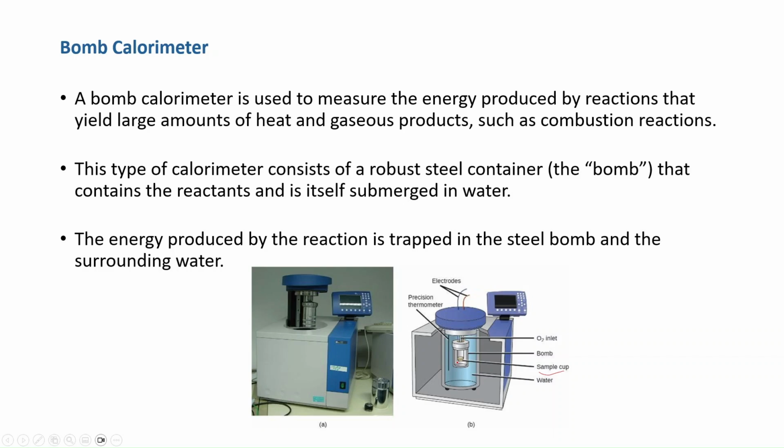You have some electrodes, and you combust the sample by adding the heat using electricity. When the sample of food heats up, this is an isolated system, they call it the bomb, but it's a calorimeter. You read the temperature before and after. Obviously, when you burn that food in there, that's going to heat up the water. So you have the temperature before and after, and you can calculate how much heat was released when you burn that.